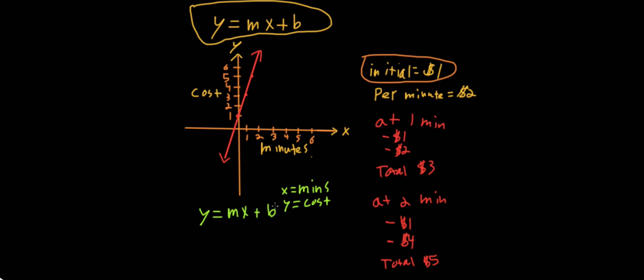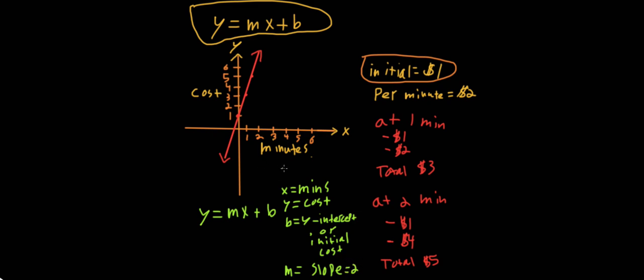Our b value is our y-intercept, in other words, our initial cost in this case. And our m is our slope, which in this case is our per minute cost. In this case it's $2.